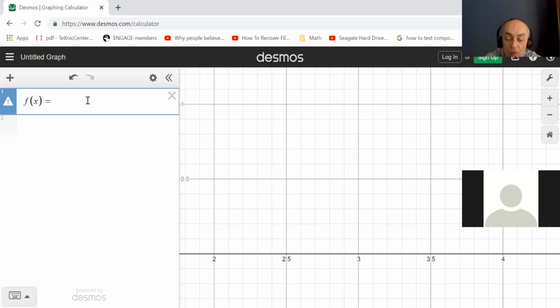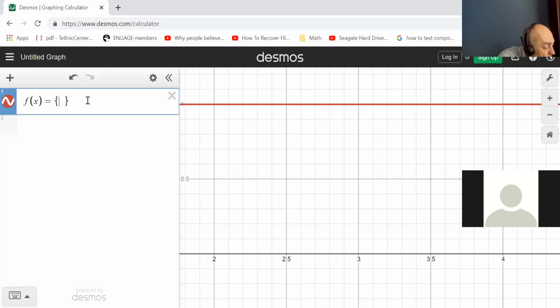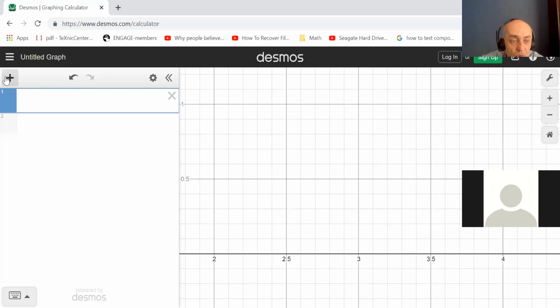So let's do a piecewise defined function. And if you weren't here when I discussed those, here's how you write them. Let's say my function is, and I'm going to give you an example also from the book. There's a piecewise defined function here. This is number 11. So again, let me delete that for a second. You don't have to delete that if you are following this experiment in Desmos on your screen.